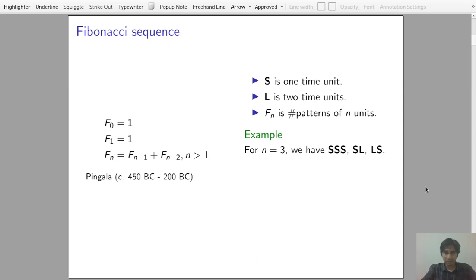For example, if you take n is equal to 3, then we have the 3 patterns S, S, S, S, L and L, S, and the Fibonacci number F3 is also 3.